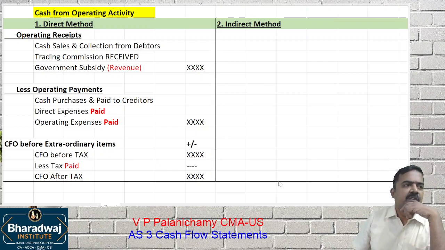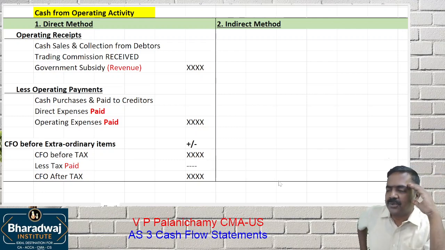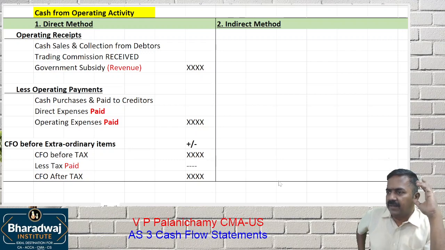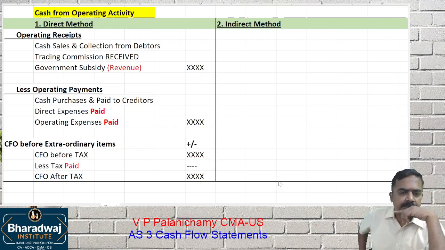So do you understand why we prepare a cash flow statement? To find out where cash comes in and goes out, the sources of money and the application of cash. While preparing the cash flow statement, we consider only what is collected and paid. We record on a cash basis.